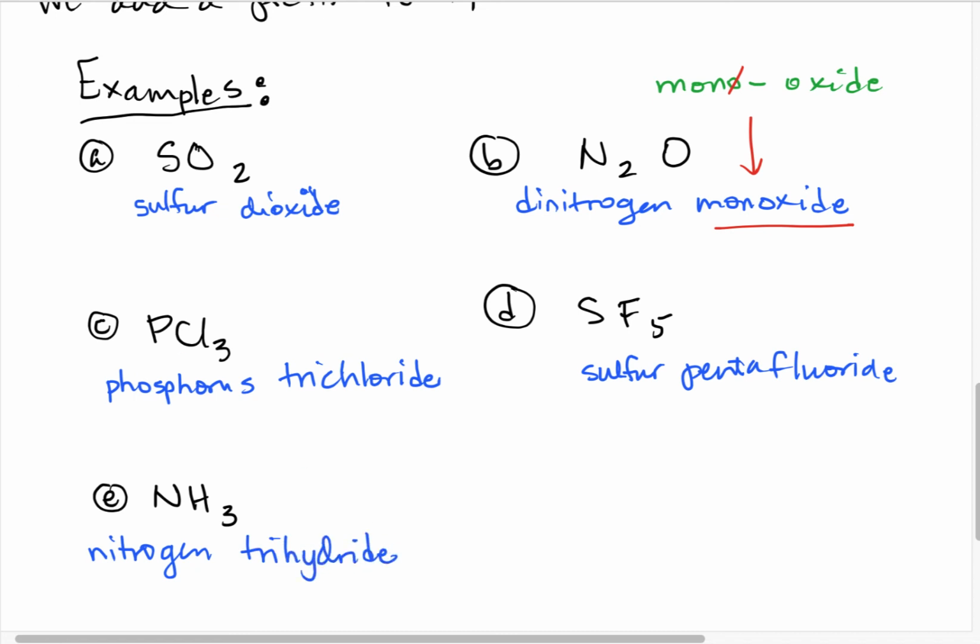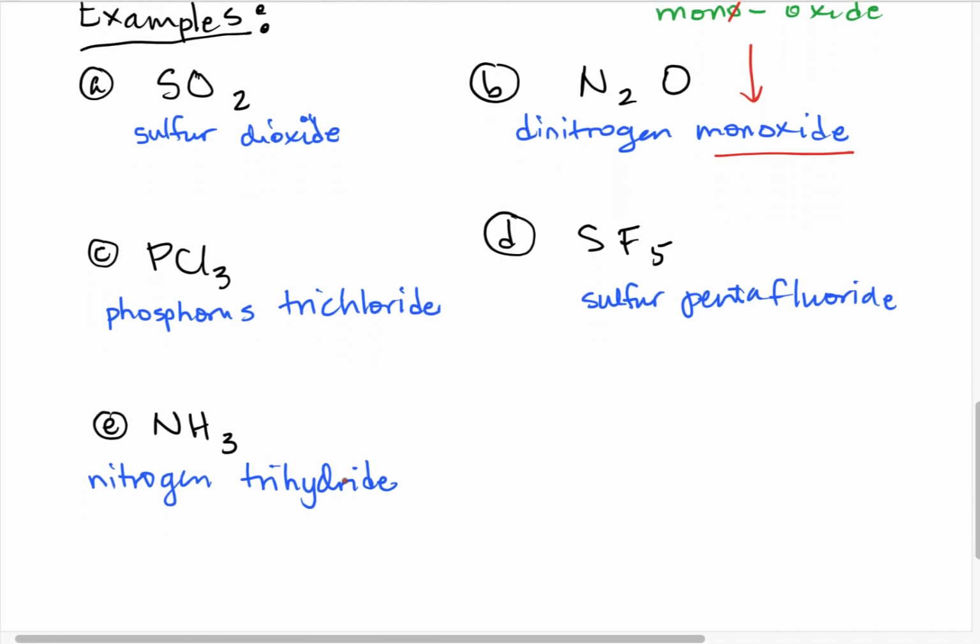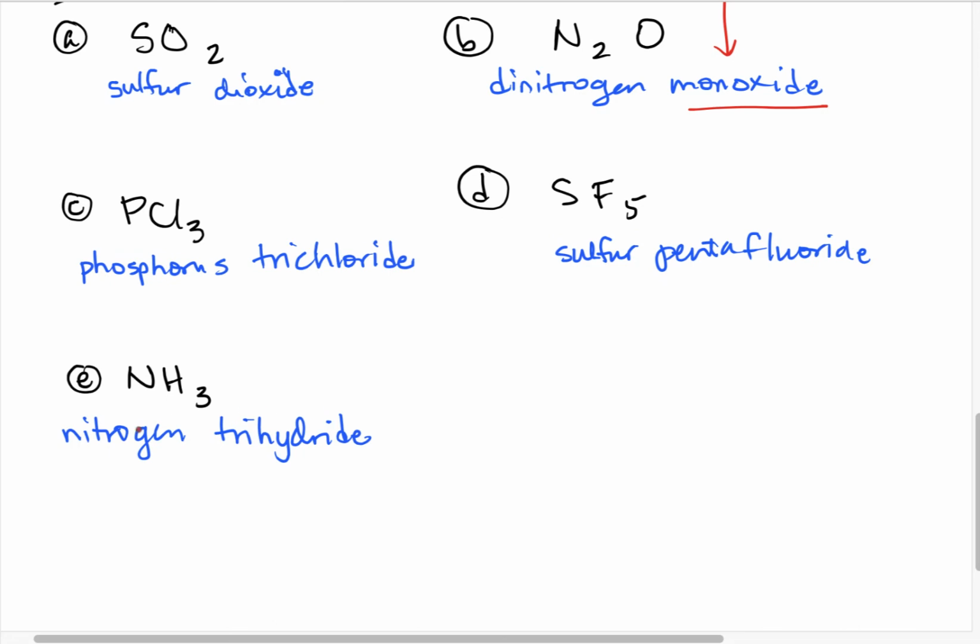Now, you might have noticed that some of these compounds also have a common name. Like this last one here, you might also be familiar with it as ammonia. And this one here is also called nitrous oxide or just nitrous. It's that gas that sometimes people have when they go to the dentist.